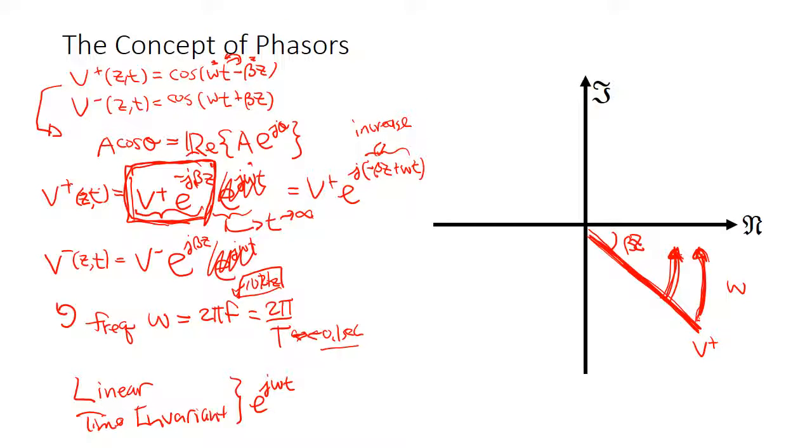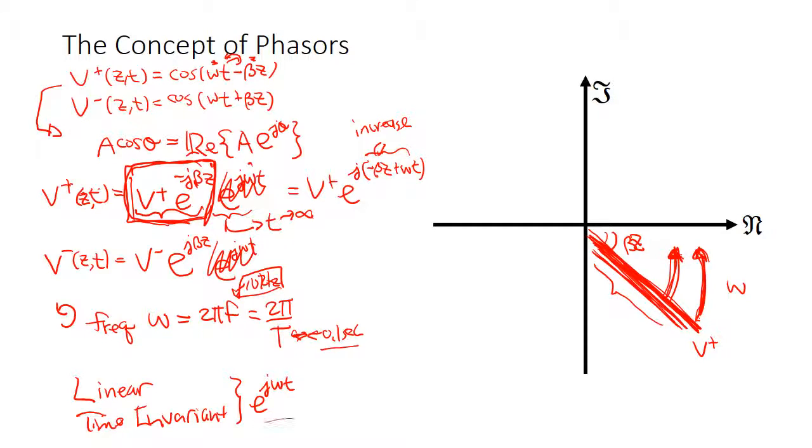So in order to know what happens everywhere, all I need to know is what this starting point phasor is. Once I know the starting point in terms of this amplitude and this angle, then I know everything I need to know about it at any given time.